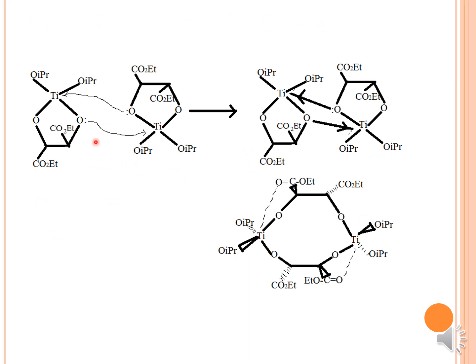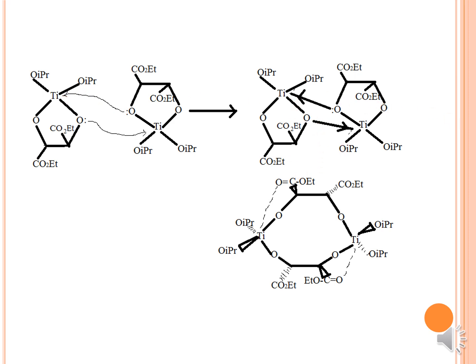So moving on here, if you take both of these Sharpless reagents, the oxygen which has a lone pair of electrons will go and attack the titanium, and again towards this side it will go and attack the titanium.